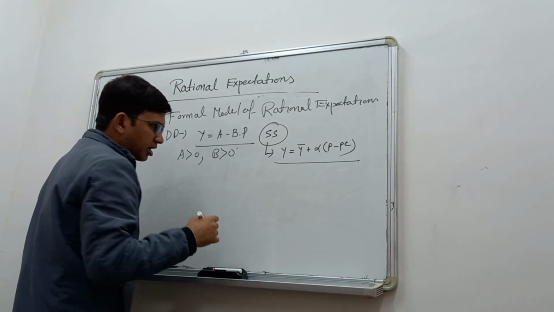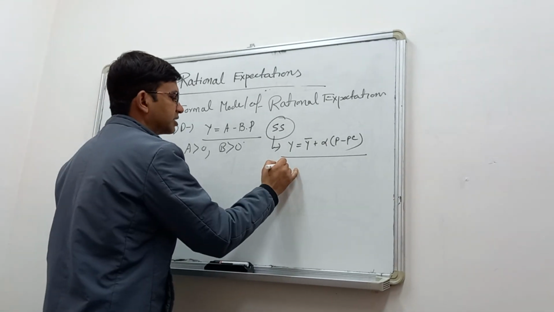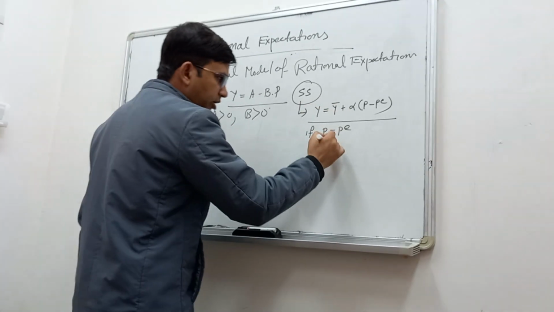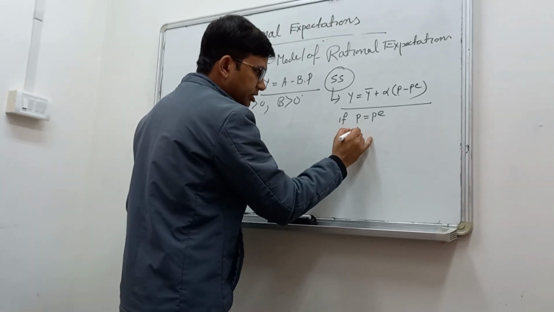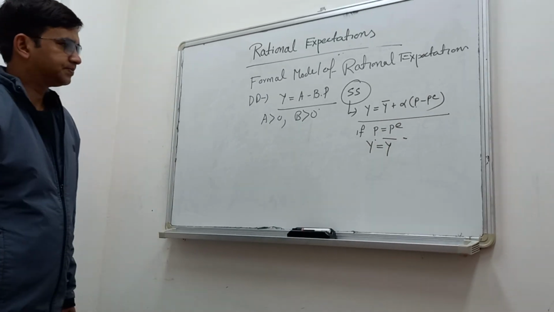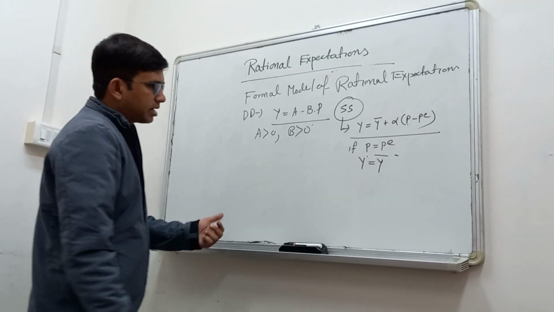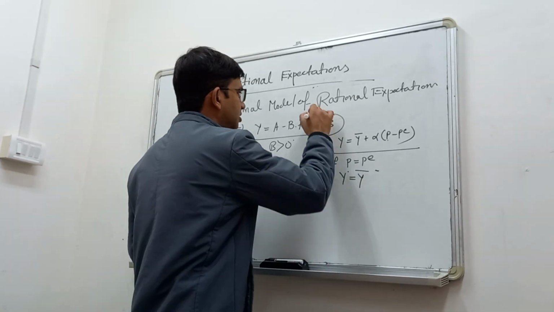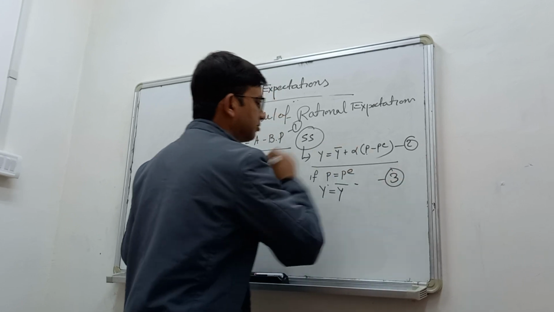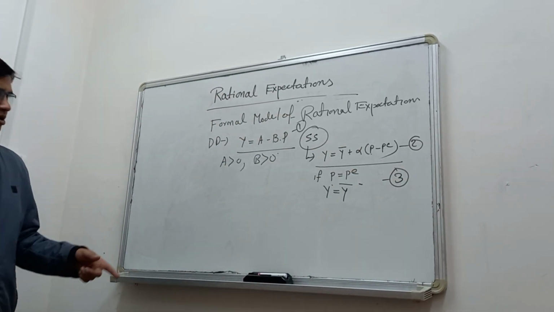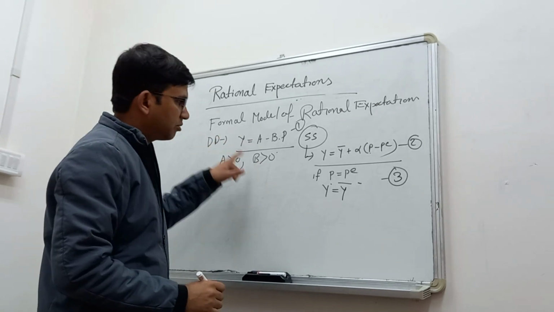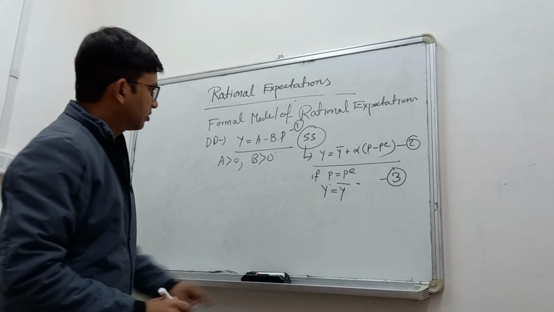So if we start from that expectation is rational, that is p equals to p expected. So putting p equals to p expected in this equation will get y equals to y bar. And this is my equation number 1, equation number 2, this is my equation number 3, y equals to y bar. So if we replace equation 1 by 3, what we will get?